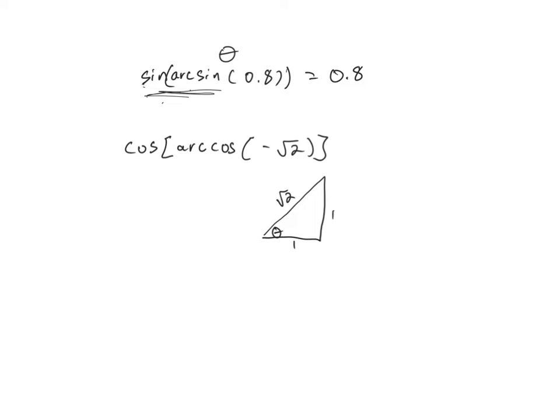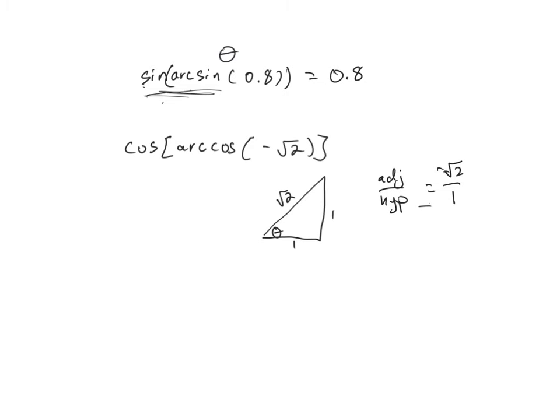Well, we can't have that, right? We can't have a cosine of root 2, because cosine is the adjacent over the hypotenuse. Having a cosine with a root 2 would mean it had to be negative root 2 over 1.